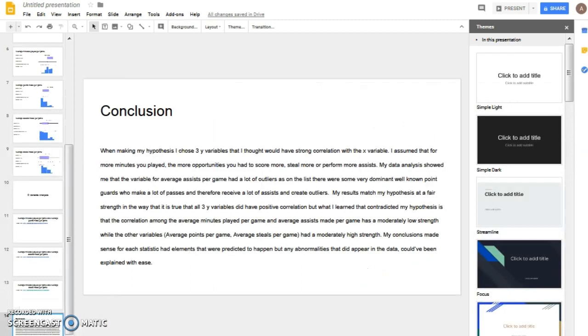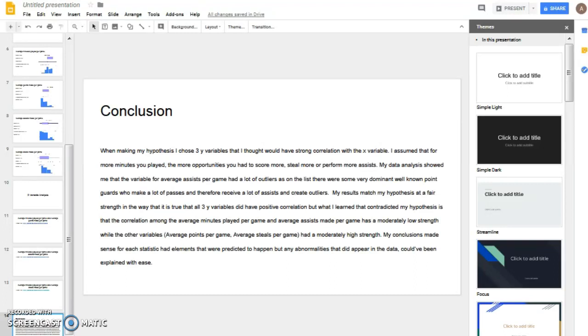Overall, my conclusion was correct. As a player played more minutes, they did receive more steals, points, and assists. Although, just to elaborate a little bit, there are many other variables along with minutes played that do have correlation and can affect these values, such as the opponent and their performance level, or your team chemistry.